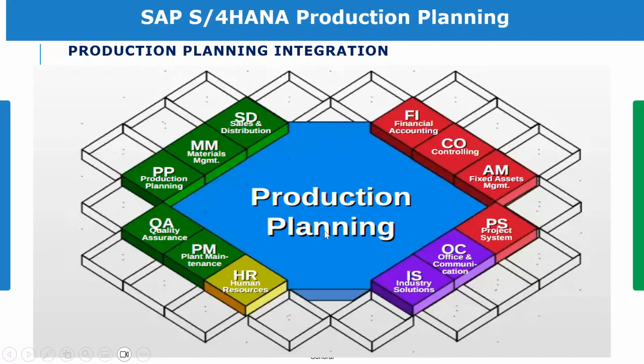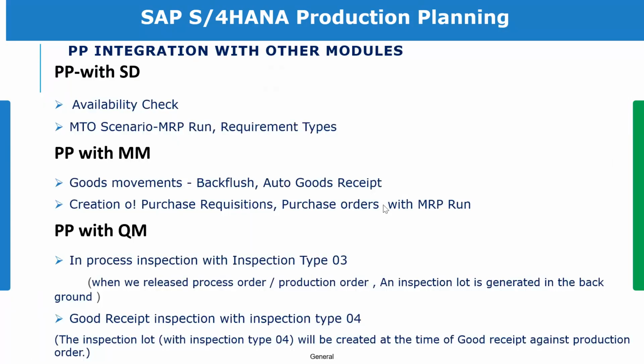Production planning is one of the core modules for production industries. It is integrated with sales and distribution, procurement, and quality management. So we have some integration points where data flow is connected to each other.